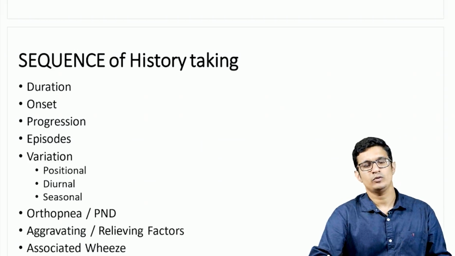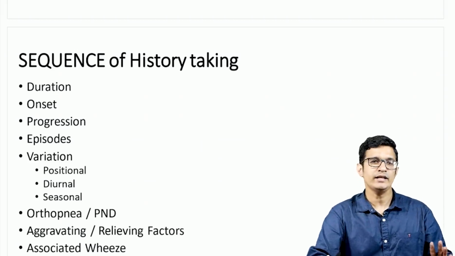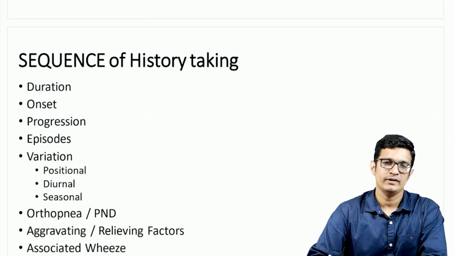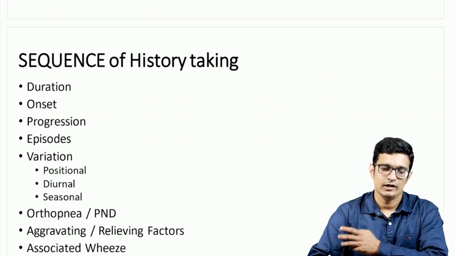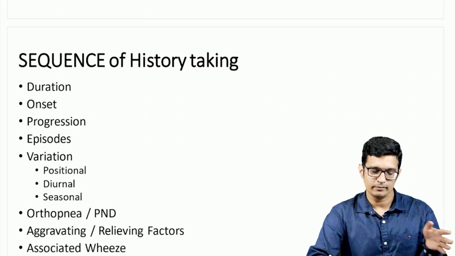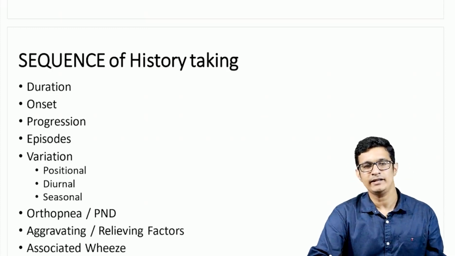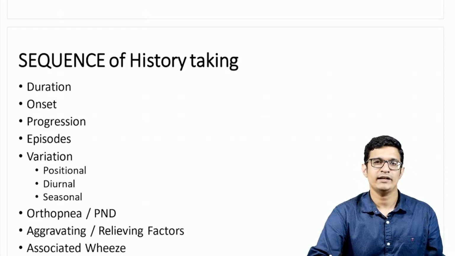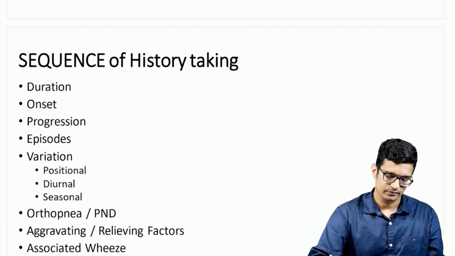And then we ask for variations. There are 3 variations that we ask: whether the breathlessness has a positional variation, whether it has a variation between night and day, that is diurnal variation, and whether it varies with the seasons, that is seasonal variation.